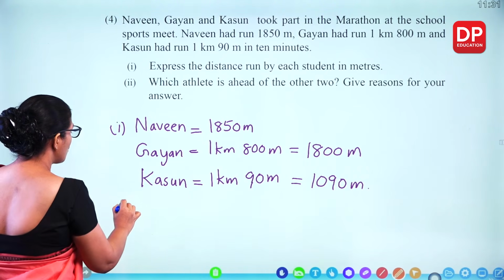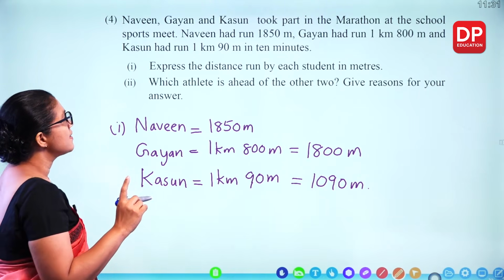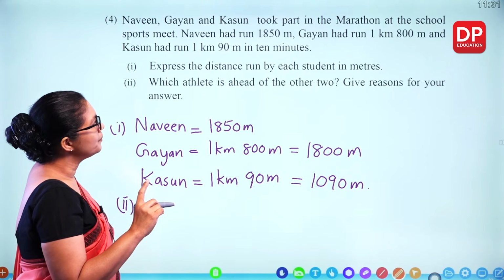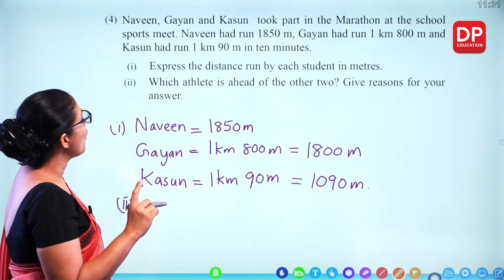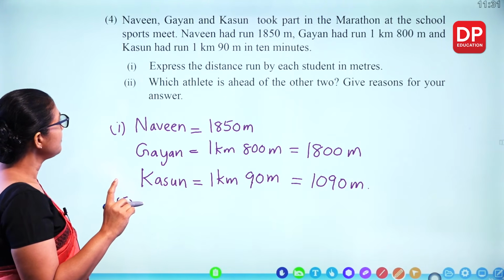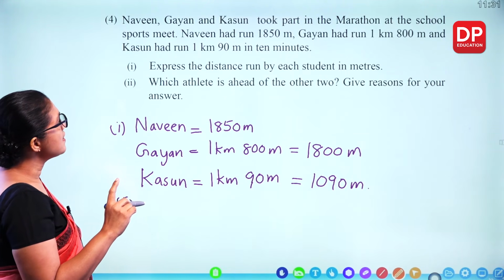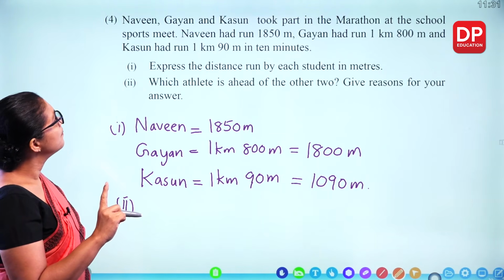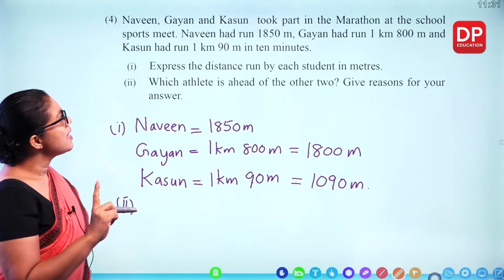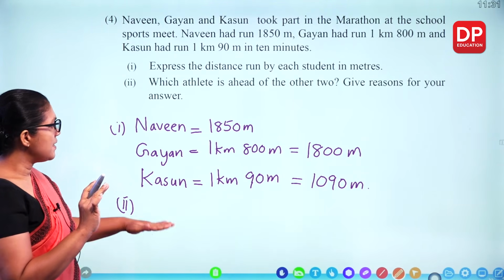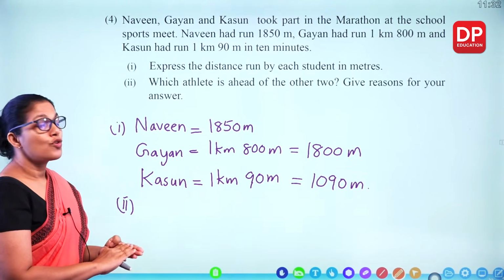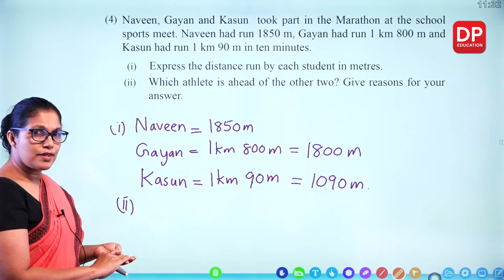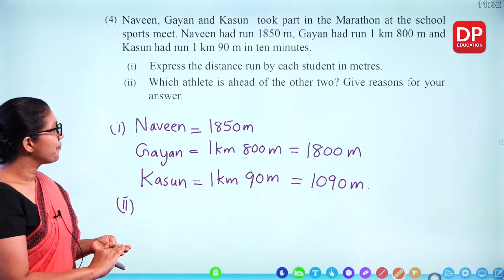Then which athlete is ahead of the other two? Give reasons for your answer. So distance we know. Time is the same, in 10 minutes. So time is the same. So what can you say about the speed?